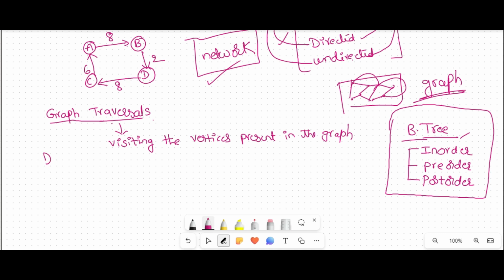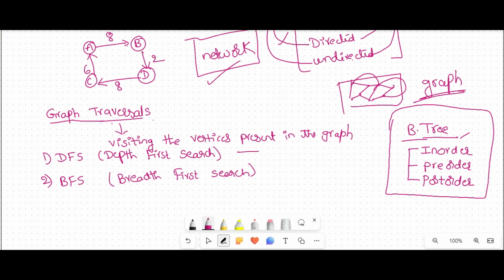So how many types are there? Two types of traversals are there: depth first search and breadth first search. DFS, depth first search, then breadth first search.